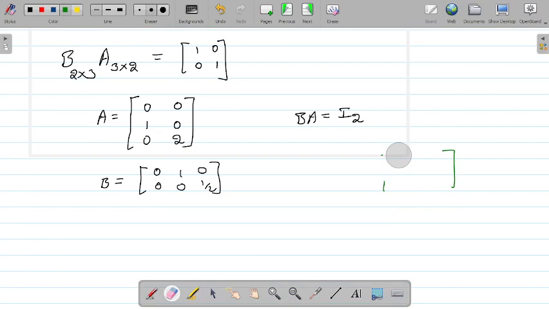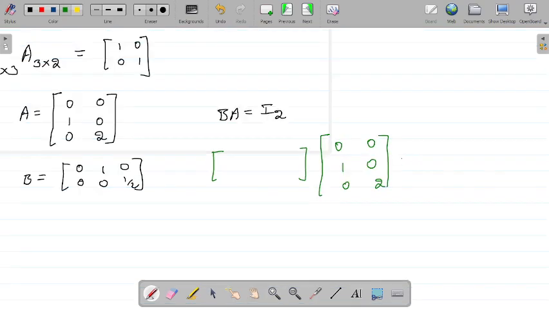Yeah, correct. See here, what we are doing is B times A. So here it is B, and here you have this matrix with 0 2. Finally, the result I need is an identity matrix. Since I am multiplying on the left side, B times A, we are looking in terms of B. So now let us think of rows.